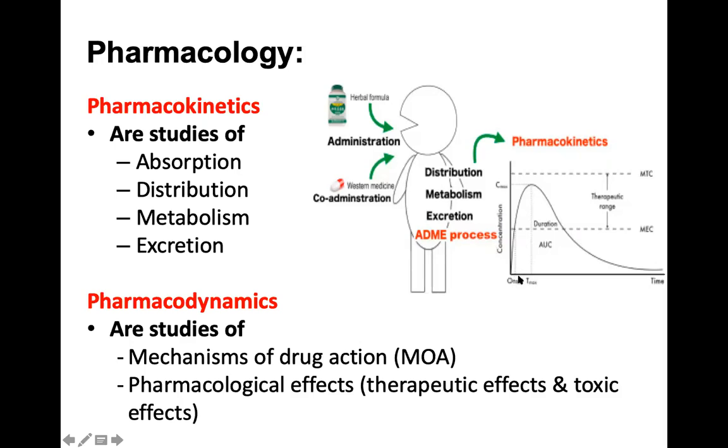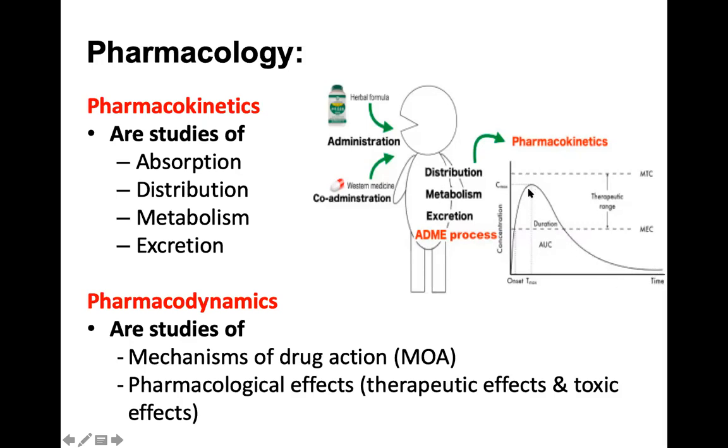If we draw a graph of plasma concentration against time, after the intake of the tablet the concentration in the blood slowly increases after absorption. Then there will be metabolism, and the drug will be degraded and excreted from the body.